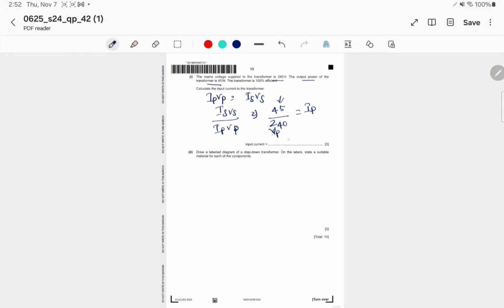So your answer is 0.1875, approximately 0.19 ampere. Don't forget to put the unit.